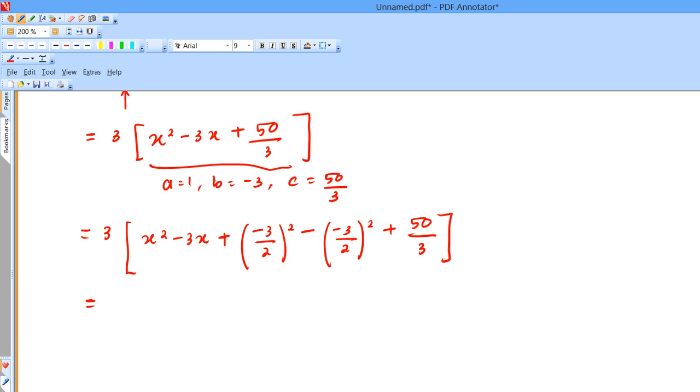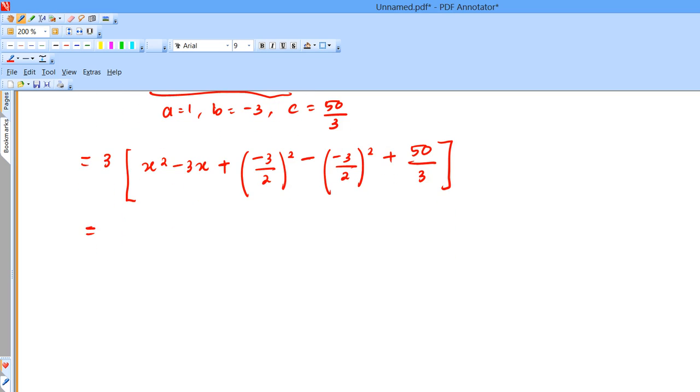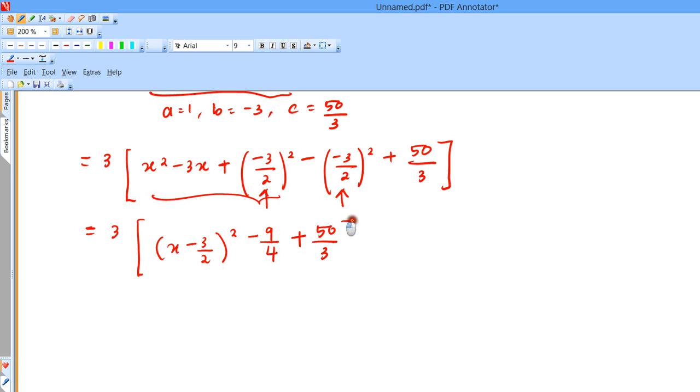Next you need to simplify the first three terms, which equals x, and if you simplify the term in the bracket, we get negative 3 over 2 squared, and then the second last term equals negative 9 over 4 plus 50 over 3.